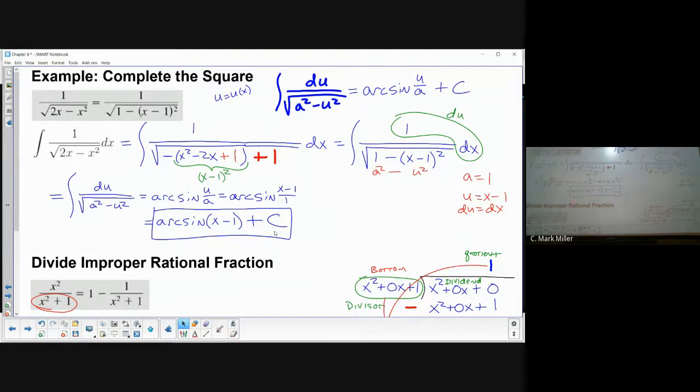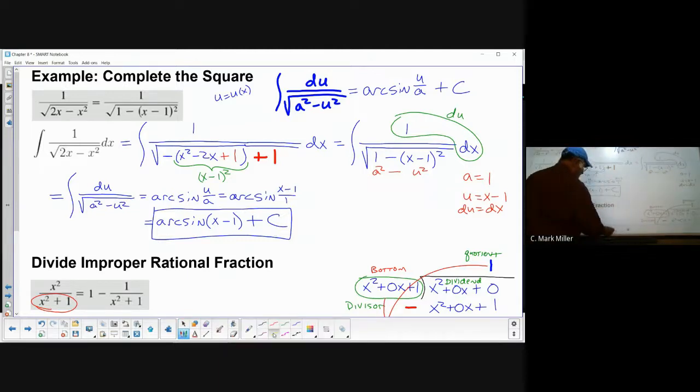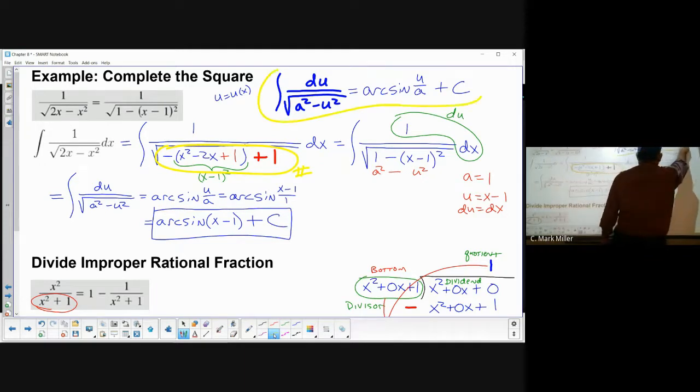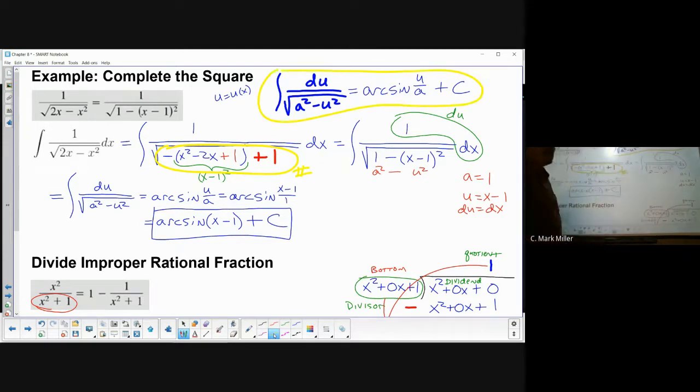My hot spots here, to use a term we used before, would be completing the square. Do you know how to do that? Hot spot number one. Then here, you need to know the antiderivative of that, which is arcsine. So that's 6, 5, 7 material.